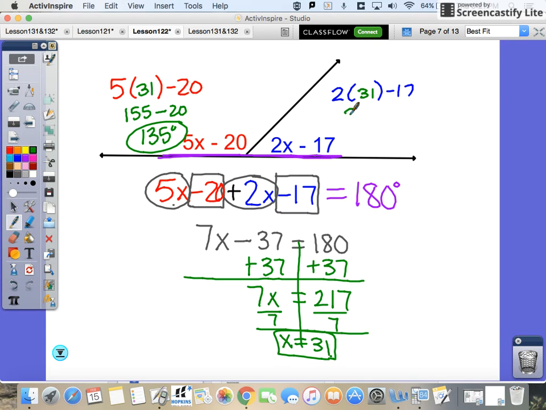So 2 times 31 is 62. Minus 17, 62 minus 10 is 52, minus 7 is 45. And if you want to check, you can do 45 degrees plus 135 degrees equals 180. As it should, because it makes a line.